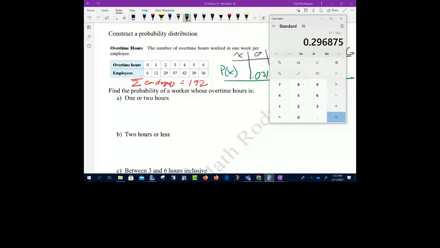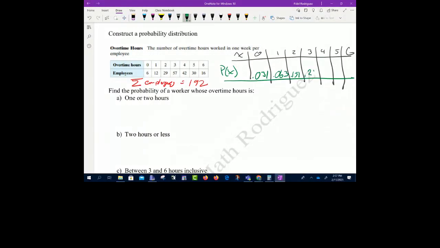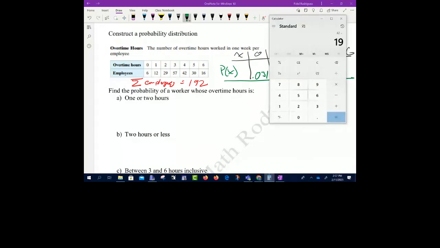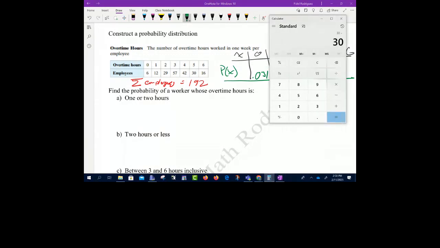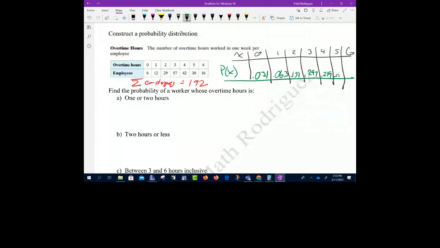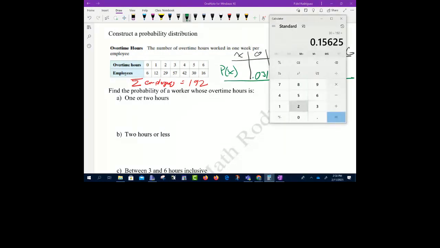What do you think? 0.296 or 0.297? 0.297, good. Okay, let's take the next one. 42 divided by 192 is 0.219. Let's take 30 divided by 192, 0.156. And then let's take 16 and divide it by 192, 0.083.